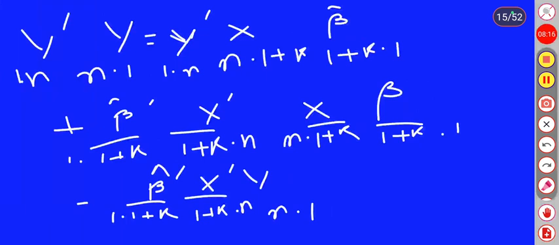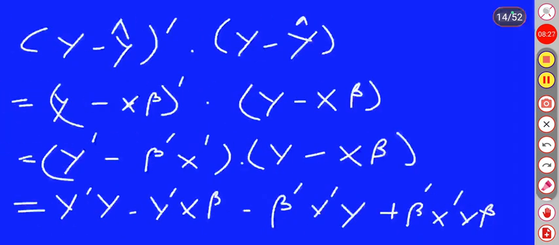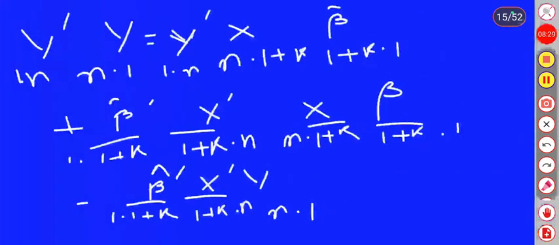So y prime y is equal to y prime x beta hat plus beta hat prime x prime x.